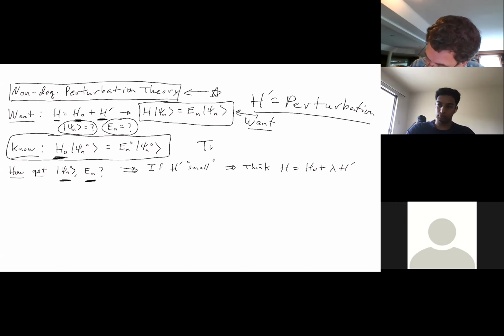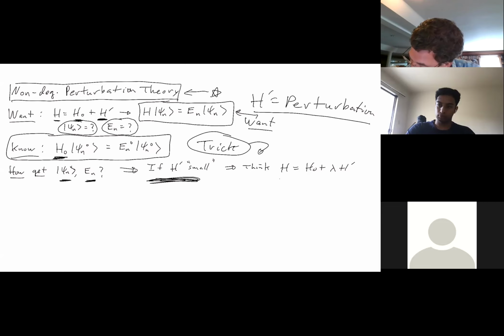Okay, and so the trick is that the perturbation trick, and it is a trick, is that if H prime is small, the perturbation, then we can think of the Hamiltonian as the unperturbed part plus the perturbation, and let's multiply the perturbation by lambda.